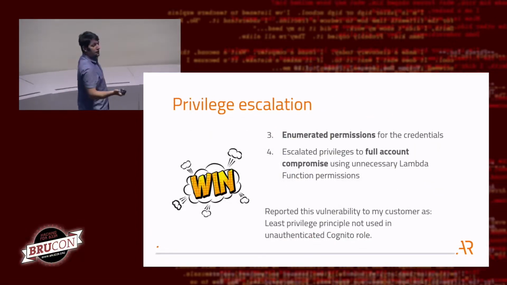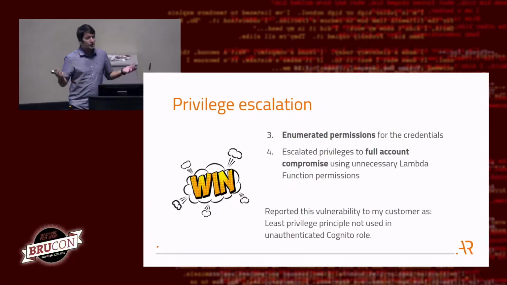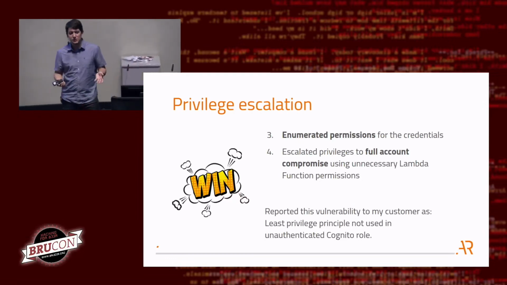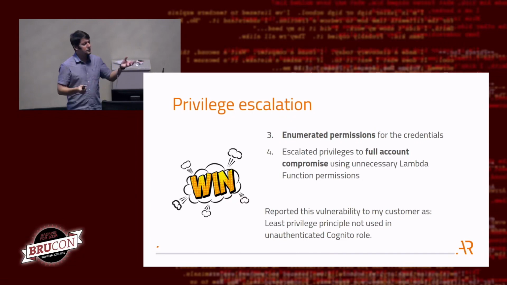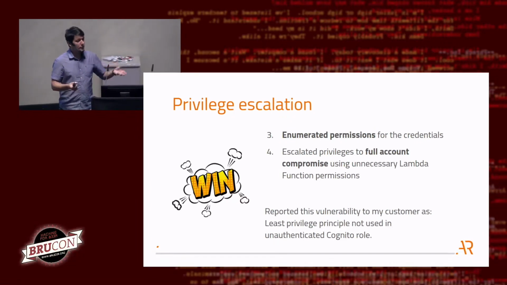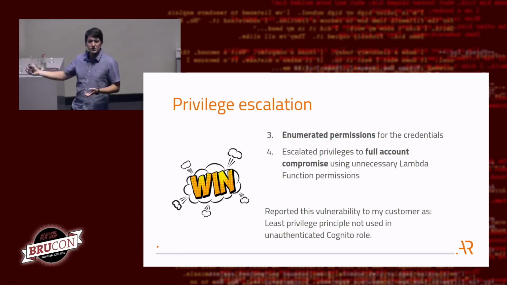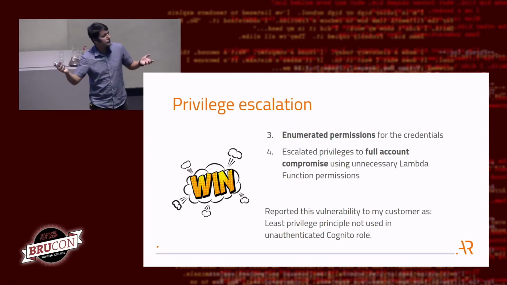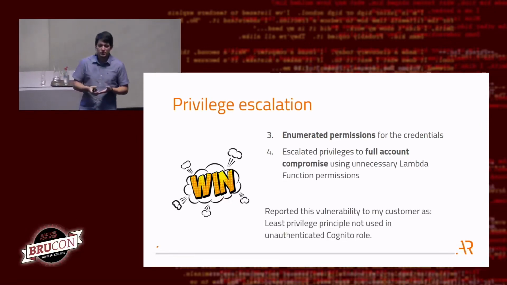So after I got AWS credentials for that account, I said, what can I do with these credentials? Am I going to be able to read files from S3? Am I going to be able to shut down EC2 instances? I'm not sure. So my next step was to perform permission enumeration.